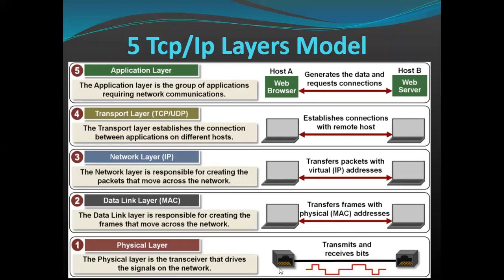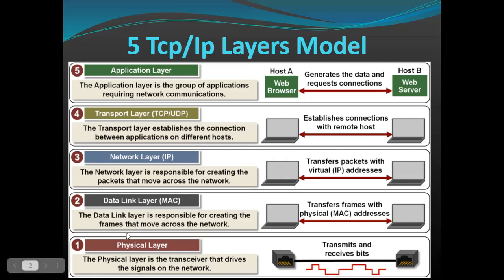We mostly start, as you can see, with the physical layer. Whenever we do troubleshooting, or even to understand specifically what it is, this scenario will take you through it in detail. So we have 5 layers: physical layer, data link layer, network layer, transport layer, and application layer.